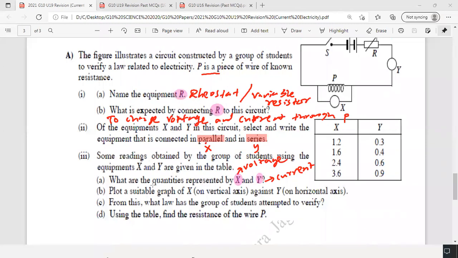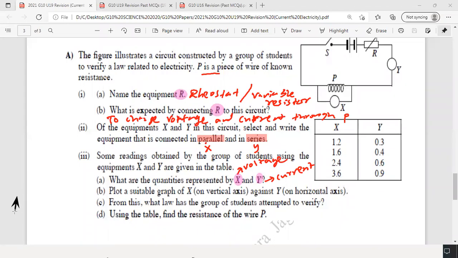The next one, plot a suitable graph of X against Y. You have to look at the table and plot the graph. X is on the y-axis, that is voltage. Y is on the horizontal axis, that is current. Without labeling the graph, no marks in the exam.